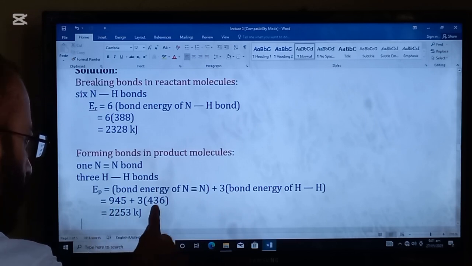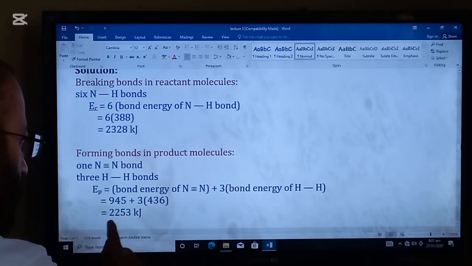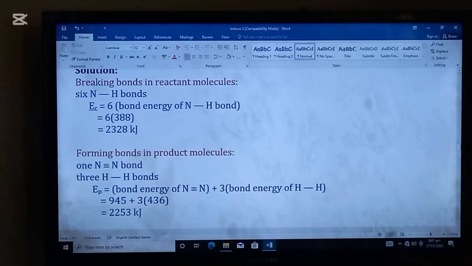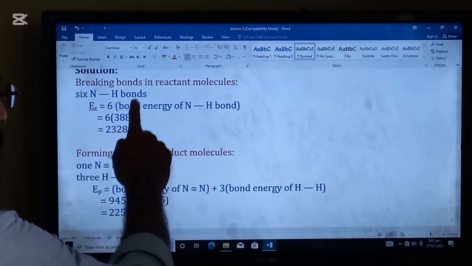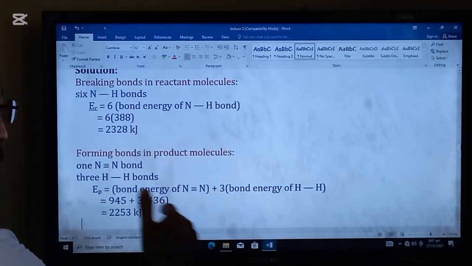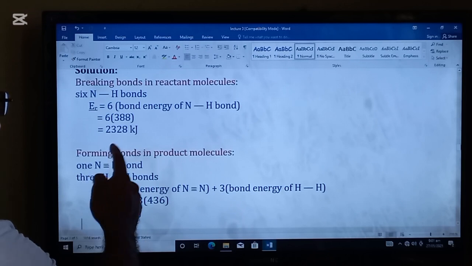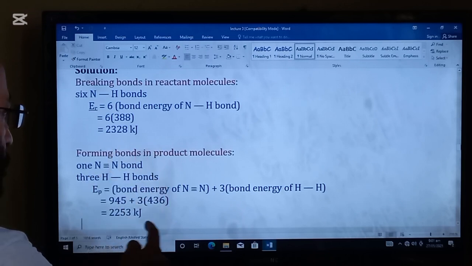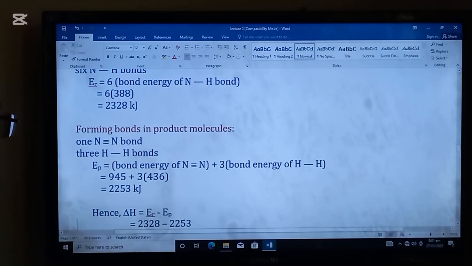Solving it on the calculator, we will get the answer 2253 kilojoule. Finally, the resultant energy will be found by breaking bond energy minus forming bond energy. It means 2328 minus 2253 will be the answer.